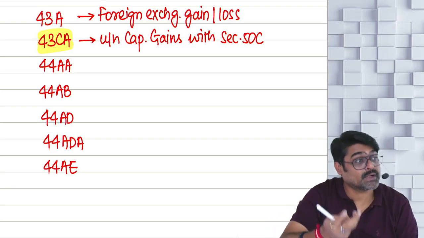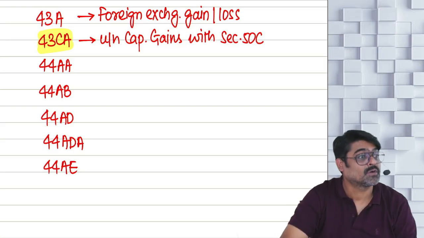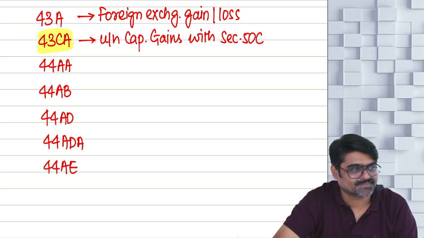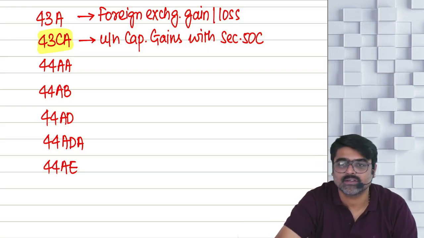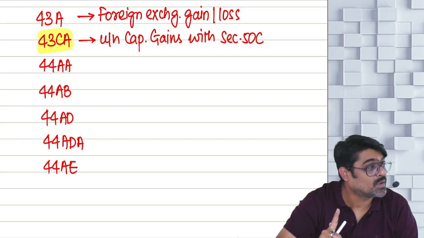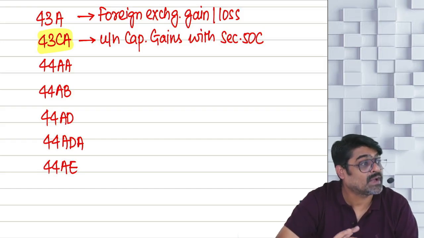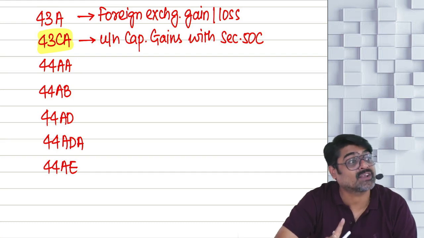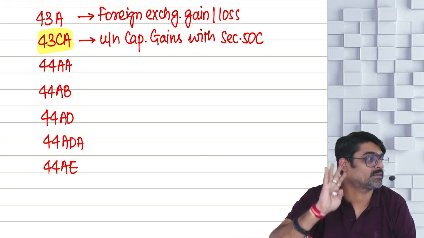Whether this will be treated as your business income, business loss, or they are going to be adjusted from the cost of the asset. So 43A says that whenever there is a foreign exchange gain or loss while purchasing an asset in foreign currency, yes or no, that gain or loss has to be adjusted from the actual cost of that asset.